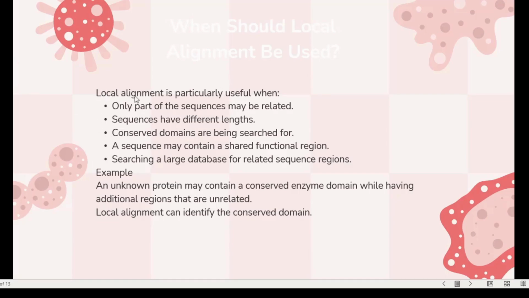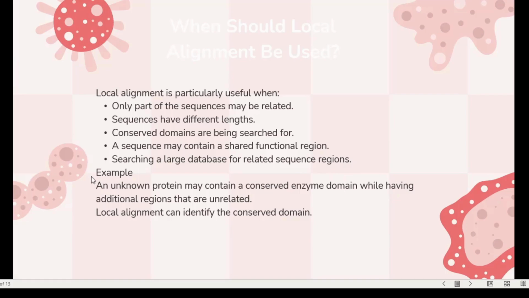Local alignment is particularly useful when only part of the sequences may be related, when sequences have different lengths, when conserved domains are being searched for, when a sequence may contain a shared functional region, or when searching a large database for related sequence regions.